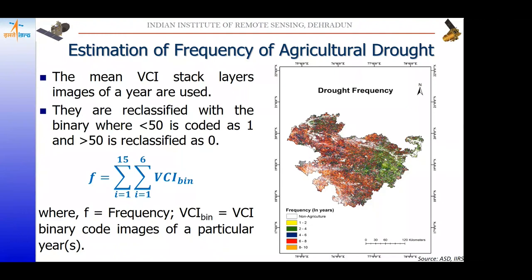We can easily identify the areas of Aurangabad, Beed, Latur, and a few parts of Usmanabad as higher in drought frequency as compared to the eastern part of the same area, like a few parts of the Parbhani district, then Hingoli. These districts are quite lower in terms of drought frequency as compared to the western part of our study area, which comprises Aurangabad, Beed, Jalna, Latur, and a few parts of Usmanabad.